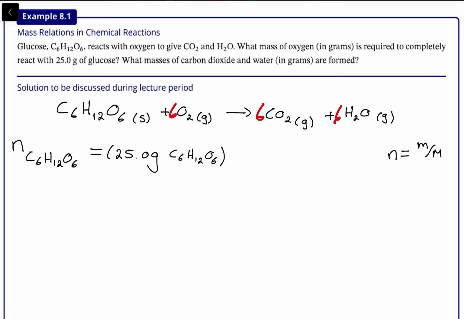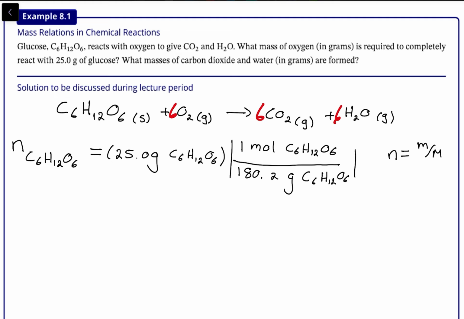But the dimensional analysis method, you remind yourself that it is the same as saying 1 mole of glucose, C6H12O6, weighs 180.2 gram, or contains 180.2 C6H12O6. Right. So it is exactly the same thing as that equation.